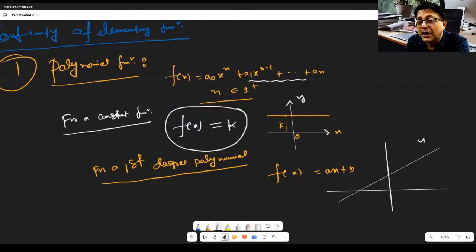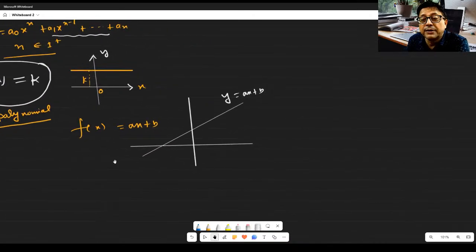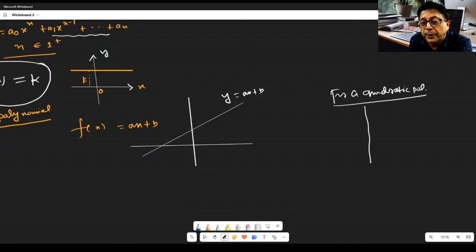Fx equal to, it is of the form y equal to ax plus b. This way, if you take quadratic polynomial, that graph is also continuous. So in general, for a quadratic polynomial, I am taking the easiest one.